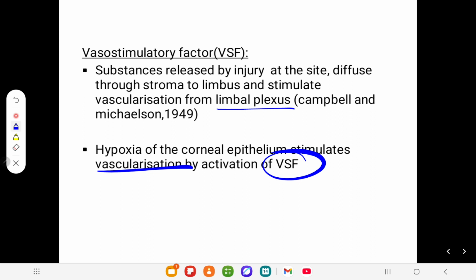That's why when we see the injured cornea, when you see the hypoxic cornea, maybe secondary to contact lens, there is a vascularization in the periphery. It is because of hypoxia, and that hypoxia actually stimulates the vasostimulating factors.